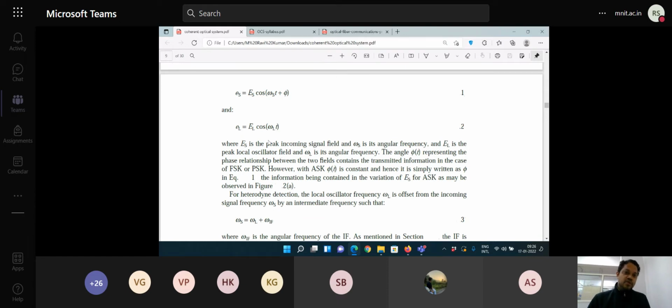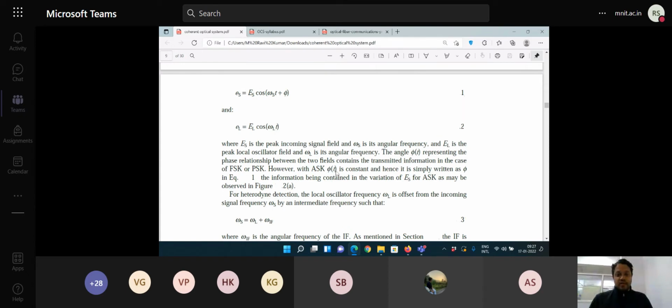This is a representation of what was transmitted, and this is what is being emitted by the local oscillator. So there's an angle phi t which represents the phase relationship between the two fields, and it also contains the information which was transmitted.